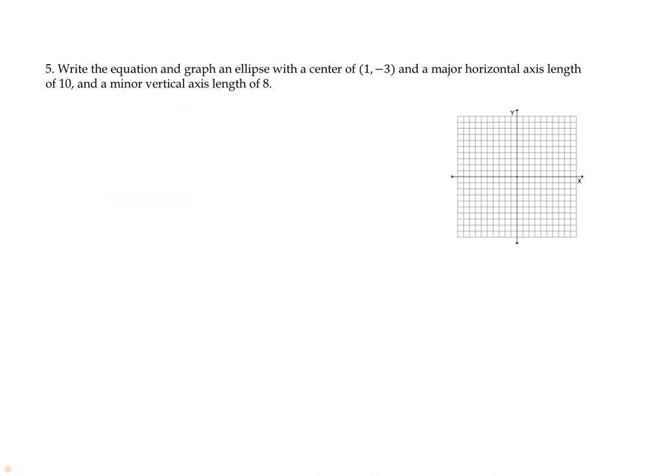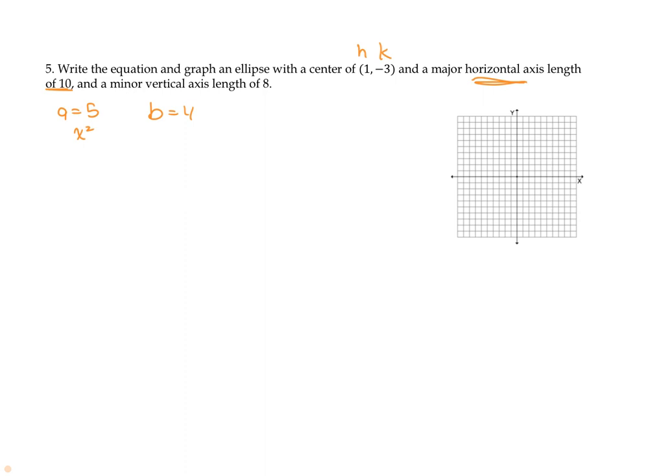Okay, write an equation and graph an ellipse with a center at (1, negative 3). So that's my h, k. And a major axis length of 10, so that makes the A 5. And the minor axis length of 8, so that makes the B 4. It doesn't tell me if this is a horizontal major axis, so I'll put the larger value underneath the x squared.